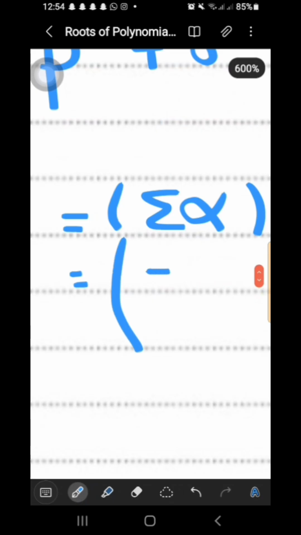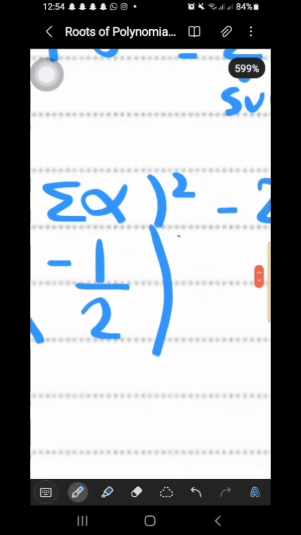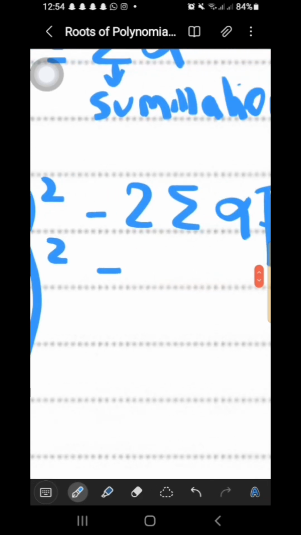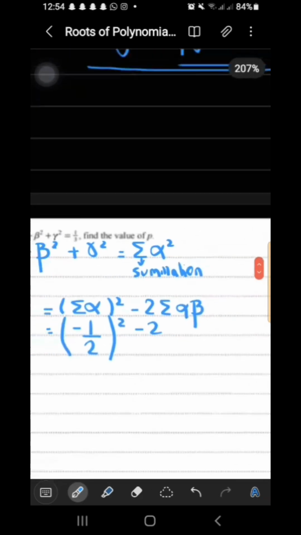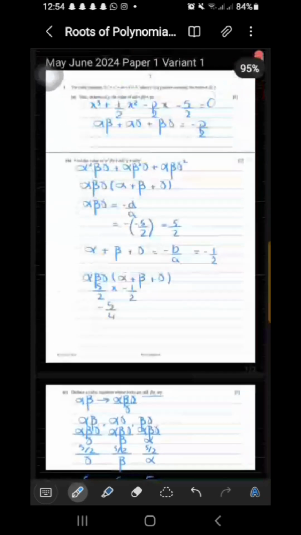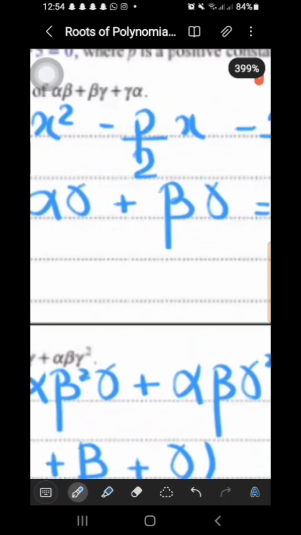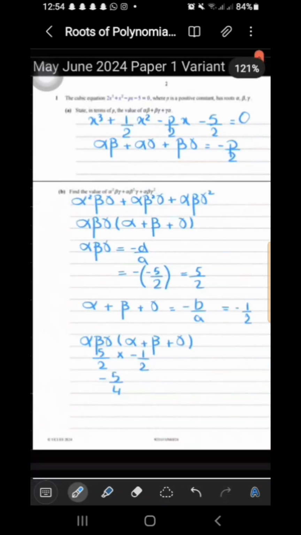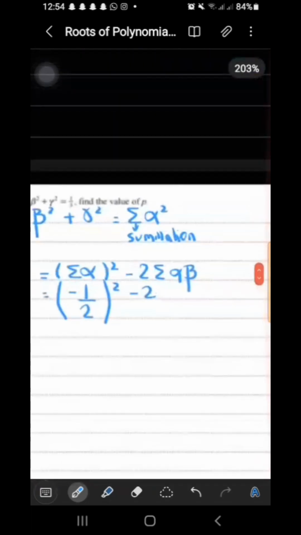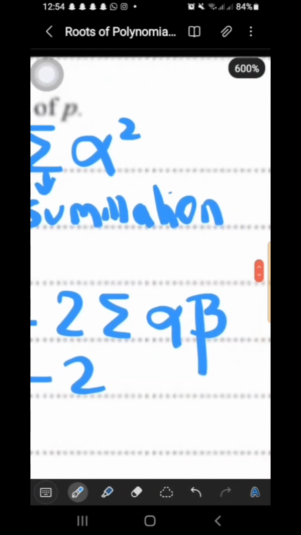So we will insert here negative 1 over 2, get a square, and negative 2 times the summation of alpha beta. We will write this summation of alpha beta as negative p over 2.